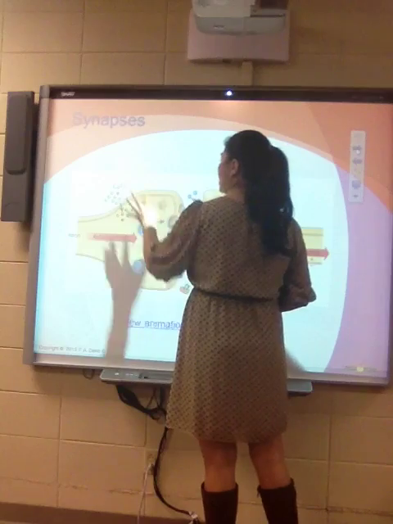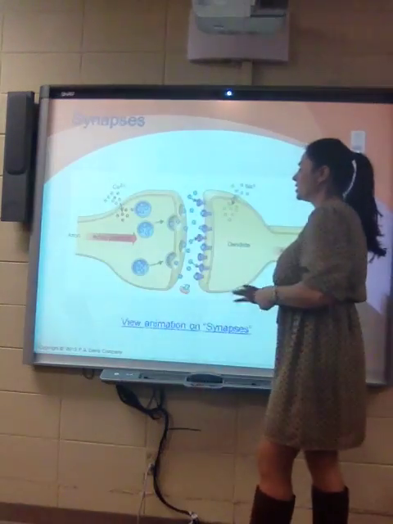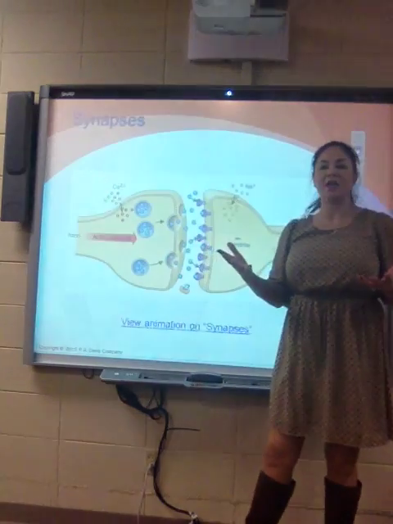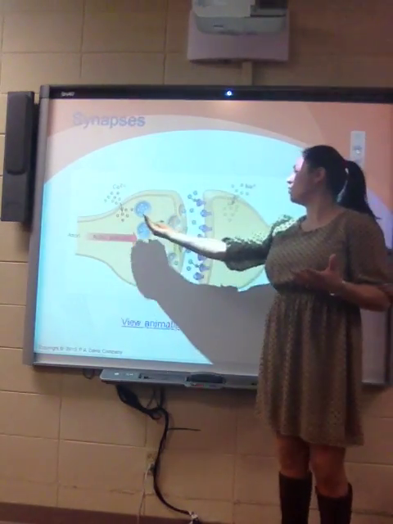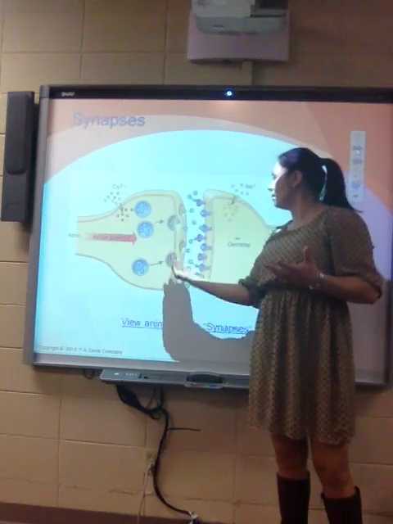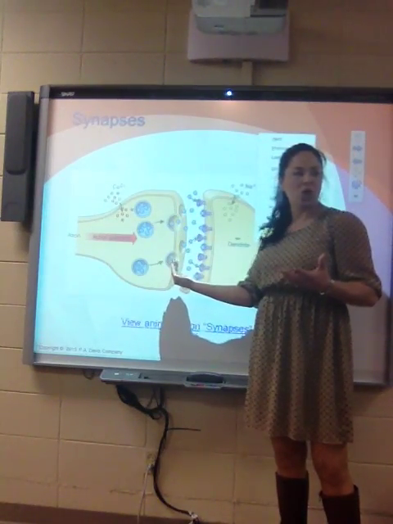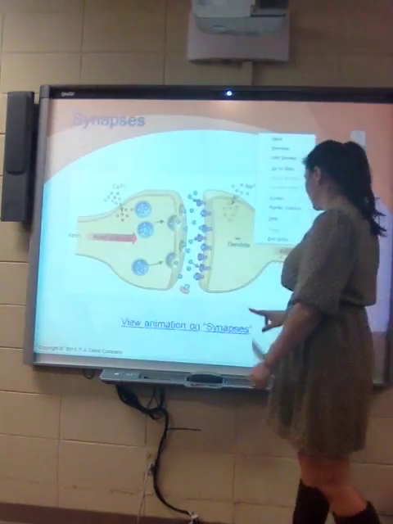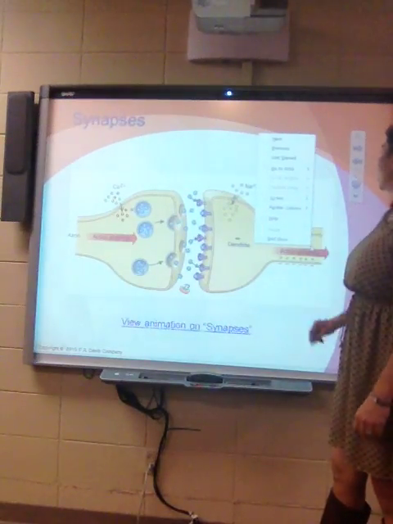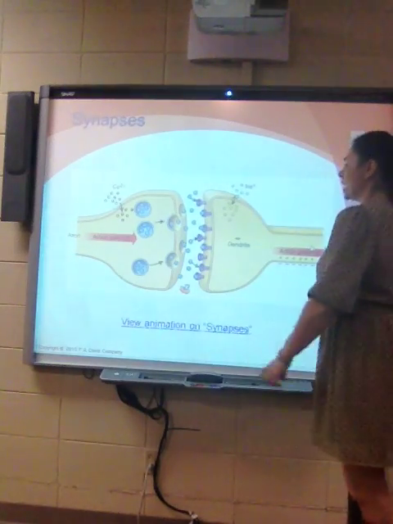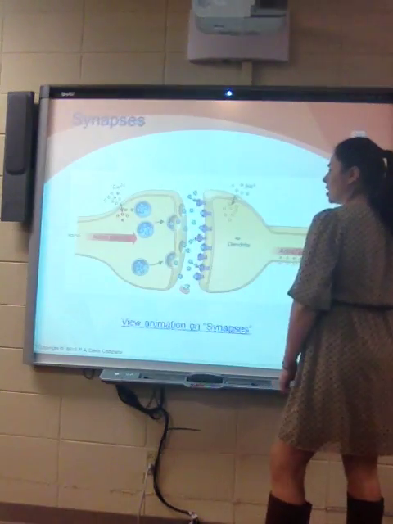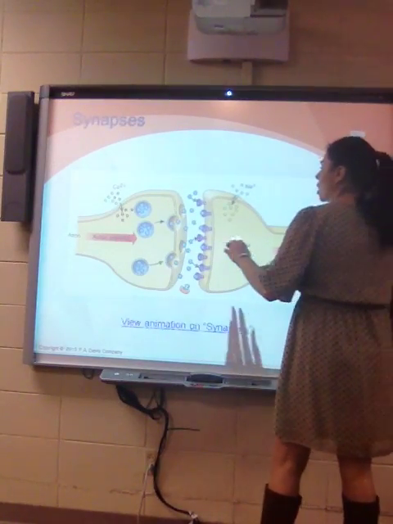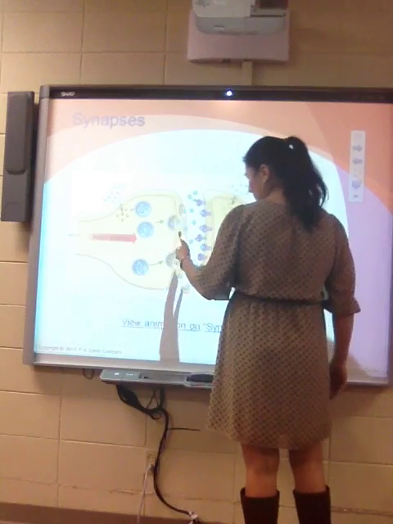Calcium rushes in, and when it does, it causes a reaction to these vesicles, so they move closer to the membrane of that axon terminal or synaptic knob, and they release their neurotransmitters. Here, you could be talking about epinephrine or norepinephrine. We've talked about those. Other ones, dopamine is one. But we'll talk about epinephrine and norepinephrine.